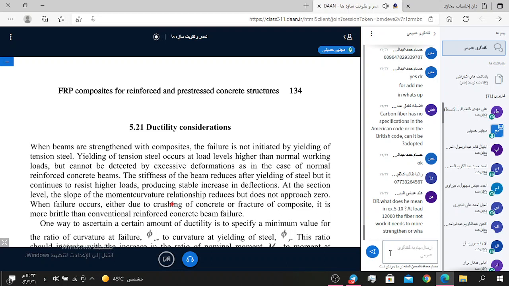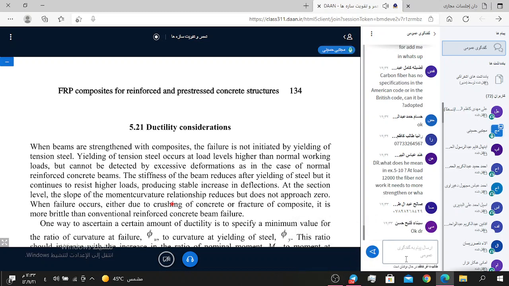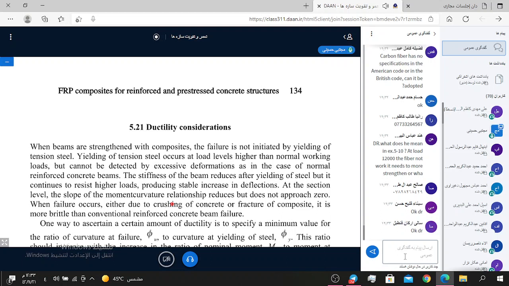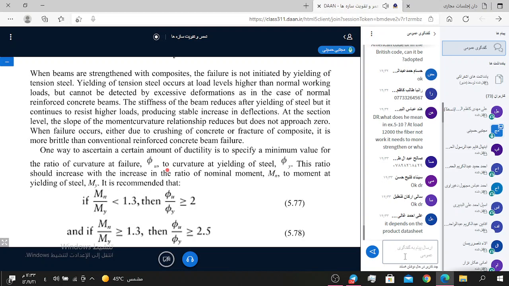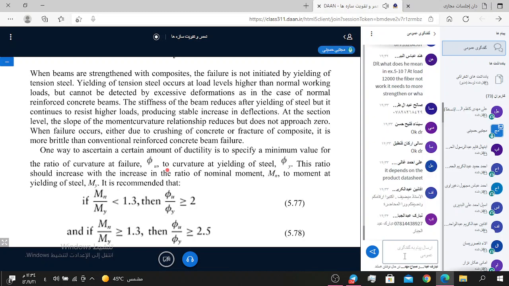Purchase composite fiber, and its properties may be different, and you can use the properties of fiber from the manufacturer that produces it. In the catalog of the manufacturer, you can choose the properties for the fiber material.